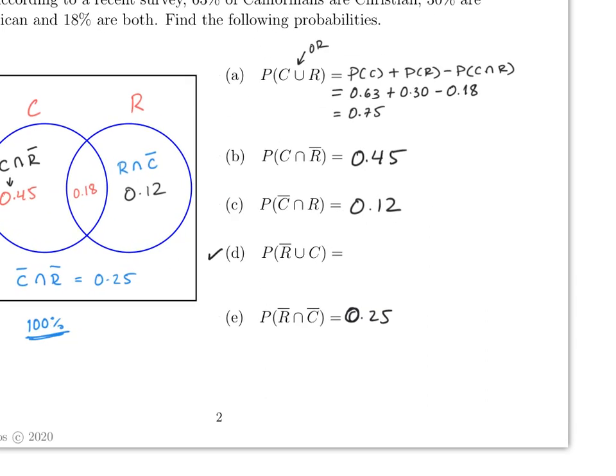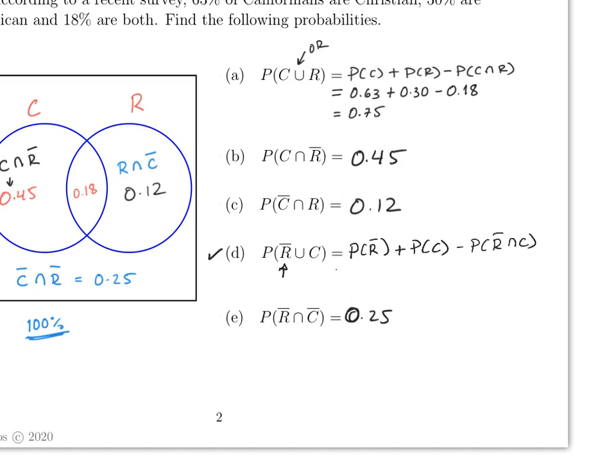Let's do part D. Remember that this is very similar to part A, except for the complement in one of them. So just rewrite the formula and make sure that the complement is only on the letter that has the complement, which in this case is Republicans.